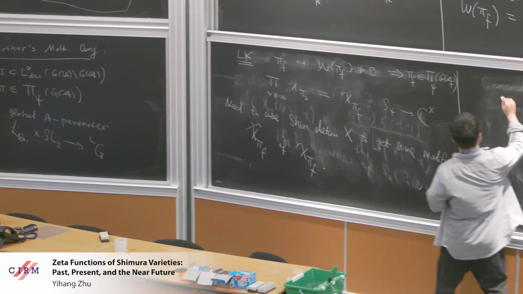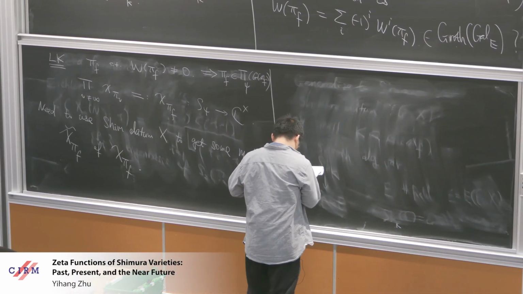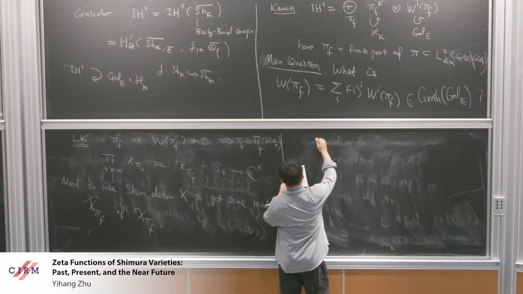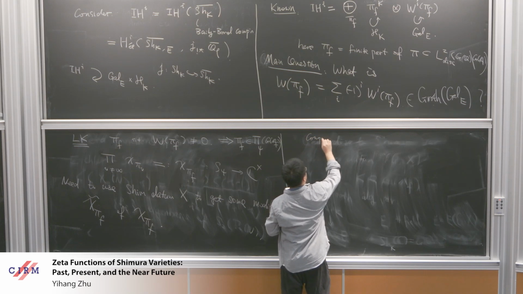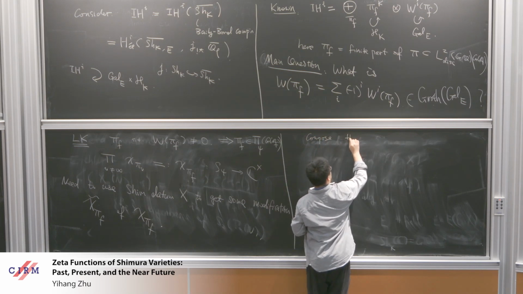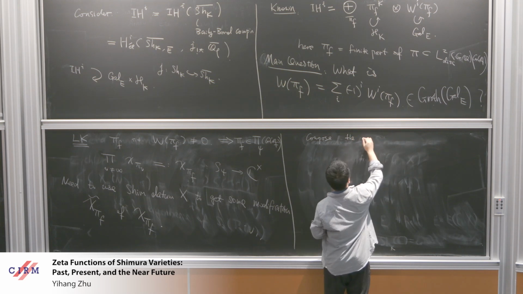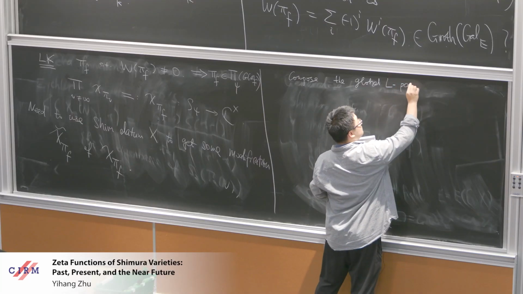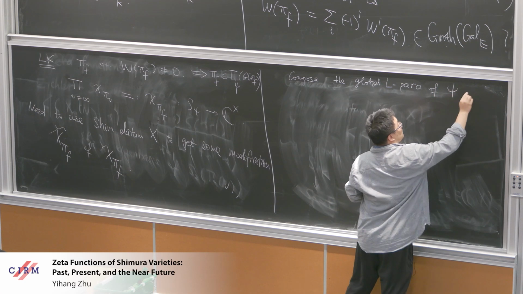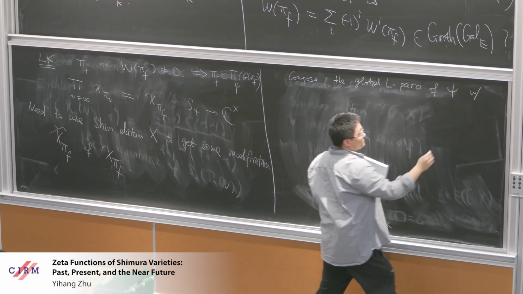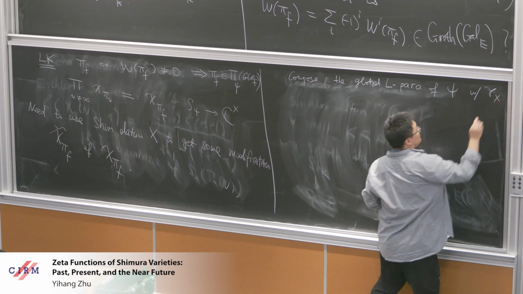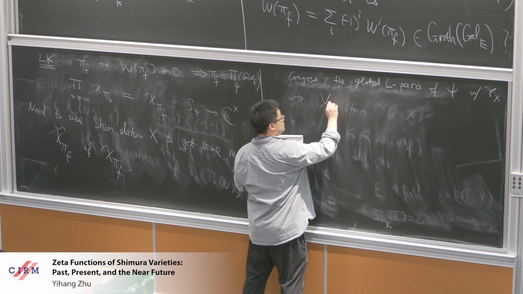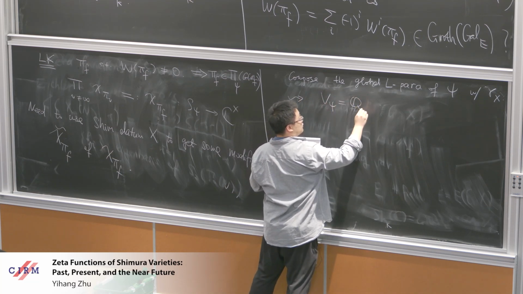And the second ingredient is we also need to talk about the global L-parameter. So in this case, we can think of the global L-parameter of the A-parameter ψ. So we can compose the global L-parameter of ψ with, as before, this representation R_X. So what you get would be a finite dimensional vector space, let's say over Q_ℓ bar.